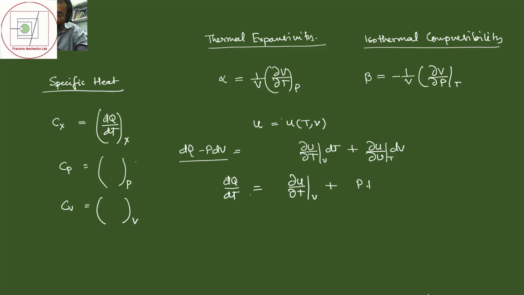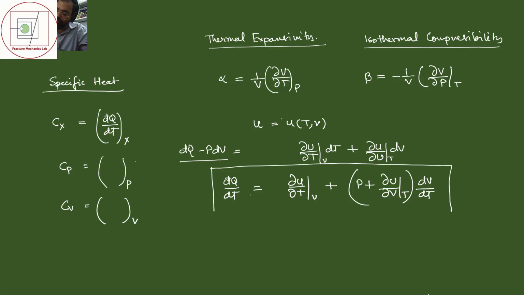So I'll have P plus del U by del V at constant temperature, and this will be dV by dT. So this is our general form of change in heat, which is specific heat.